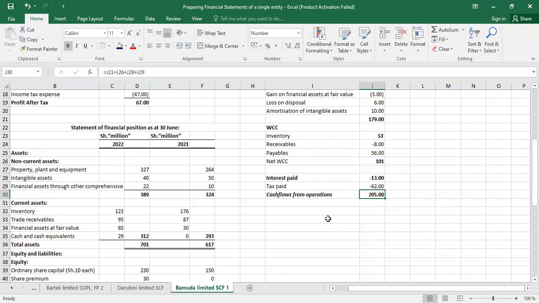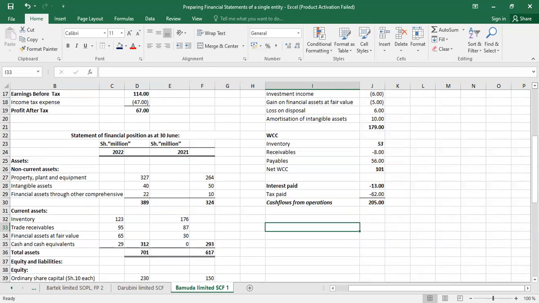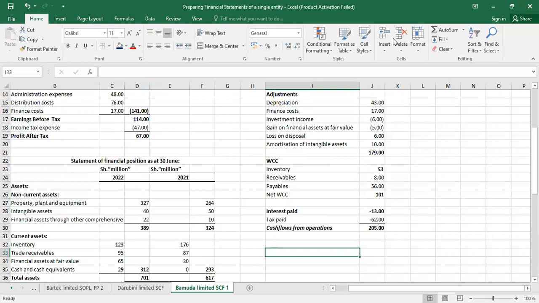Up to there, any question? We have finished operating activities. We are going to investing activities. I'll assume no question, but let me check the chart.